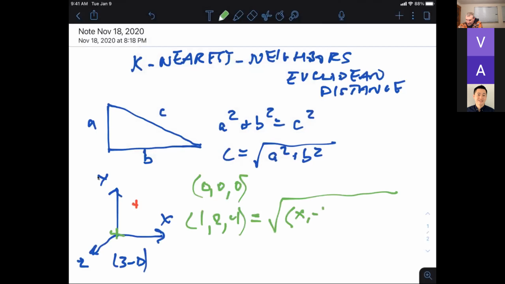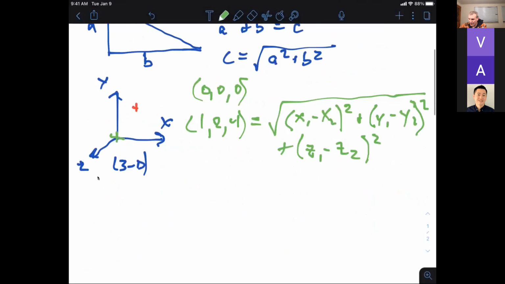x1 minus x2 squared plus y1 minus y2 squared plus z1 minus z2 squared. And if x2 in this particular case is 0, 0, 0, then this just becomes x squared plus y squared plus z squared.